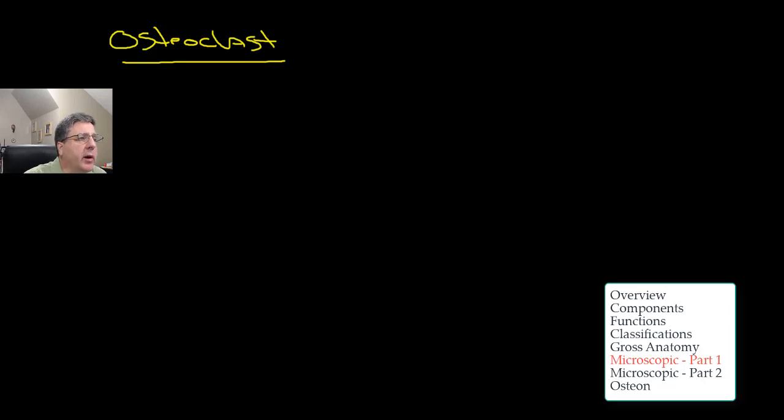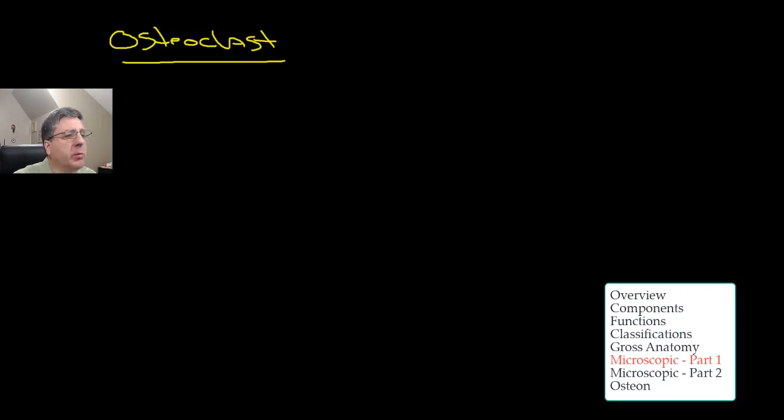Okay, so osteoclasts don't originate from the osteoprogenitor cell. It doesn't originate from an osteoblast or an osteocyte, but it does originate from the bone marrow. Essentially, osteoclasts originate from different cells in the bone marrow that fuse together.